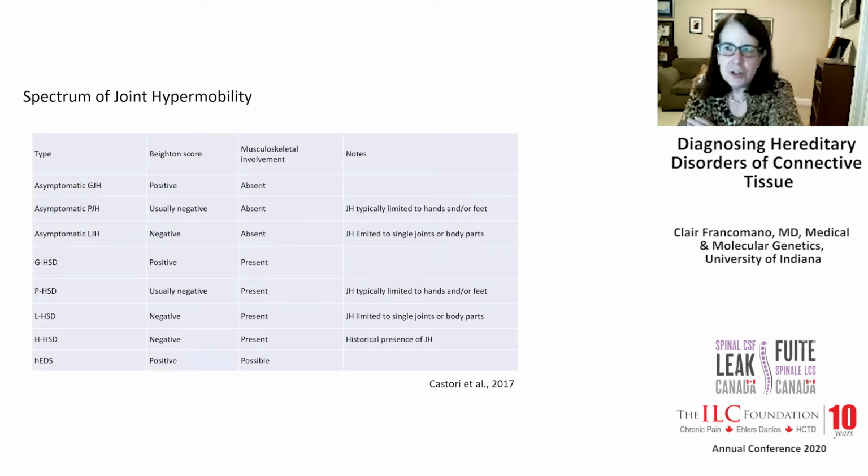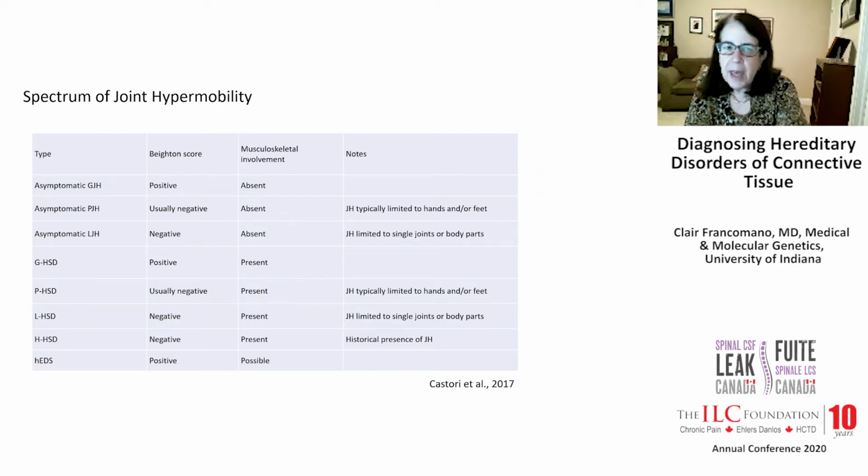The Ehlers-Danlos Syndromes sit on the spectrum of joint hypermobility, which was described by Marco Castori and his colleagues in 2017. The spectrum ranges from asymptomatic joint hypermobility through symptomatic joint hypermobility, which we call the hypermobility spectrum disorders, or HSDs, through to hypermobile Ehlers-Danlos syndrome on the extreme end of the spectrum.